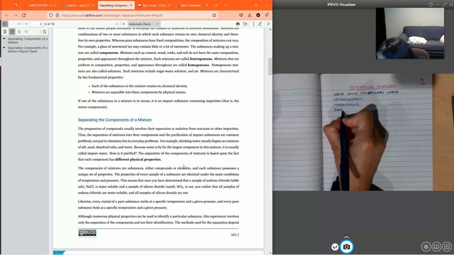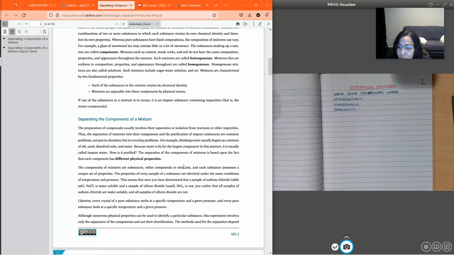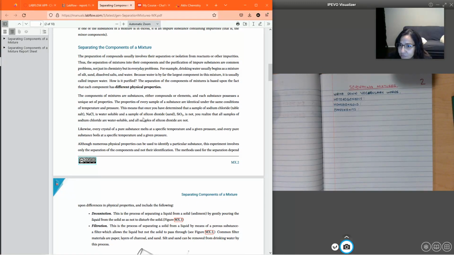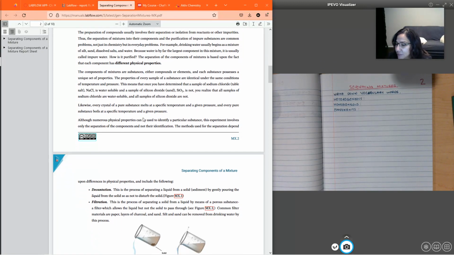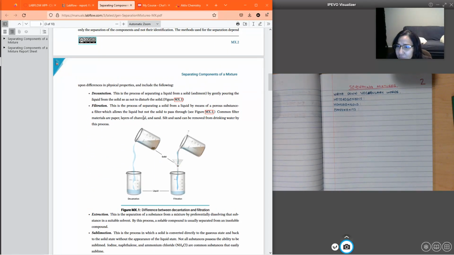What are components? You want to know the differences in physical properties. What are physical properties? Okay. What are the physical properties of copper? Do we recall? It has a very unique color, right? It's hard. You could turn it into different things and it's still copper.